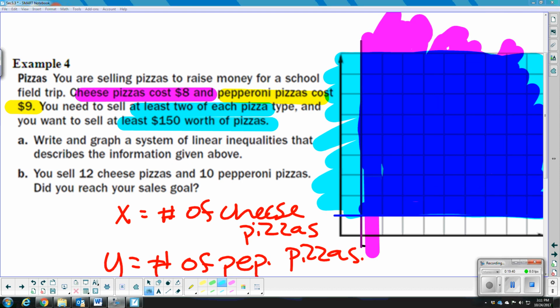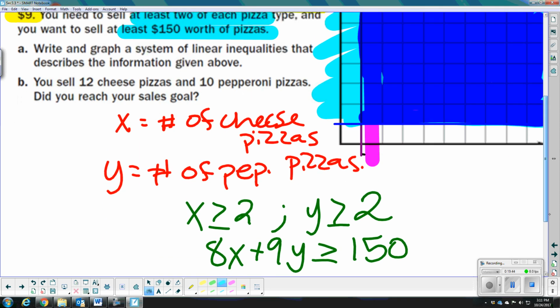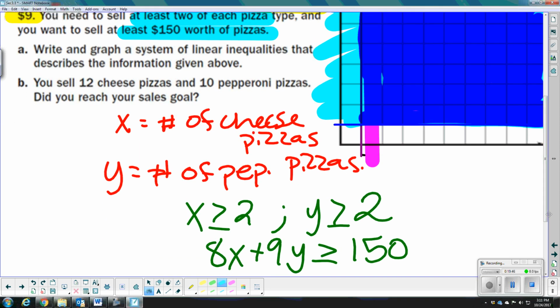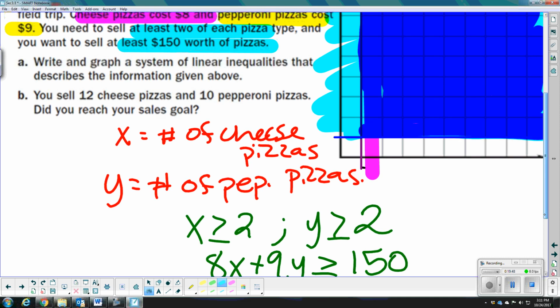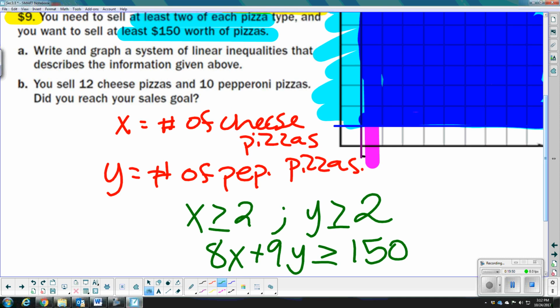And then lastly, I need to graph that last inequality where 8x plus 9y is greater than 150. Since this is already in standard form, I'm just going to solve with the x and y intercept. So 8x equals 150. Solve for x by dividing both sides by 8.